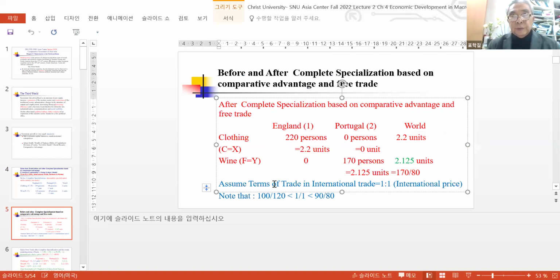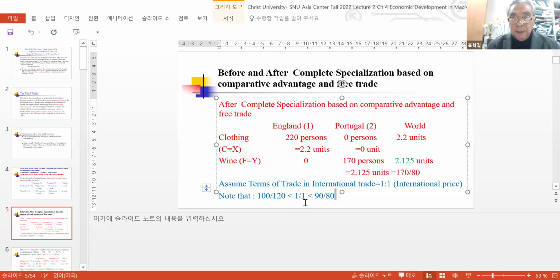Okay, so assume terms of trade in international trade. That means price of clothing with respect to price of wine. International price, let us suppose, is 1-to-1. Of course, if you carefully examine this assumption, 1-to-1 is not falling out of heaven.